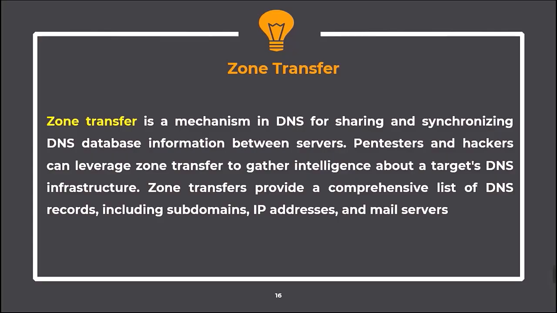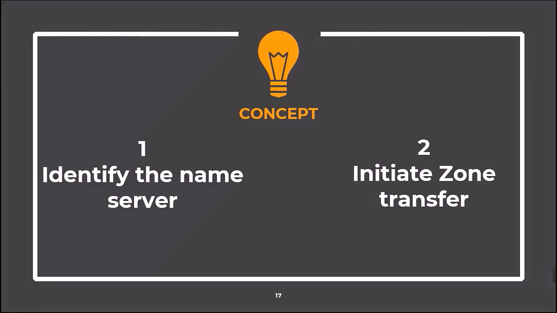Zone transfer provides a comprehensive list of DNS records, including subdomains, IP addresses, and mail servers. So the concept is very simple. First of all, you identify the actual name server, and then you try to initiate the zone transfer. If the DNS server is vulnerable, we will get all the records.